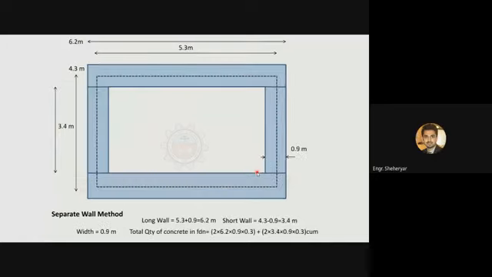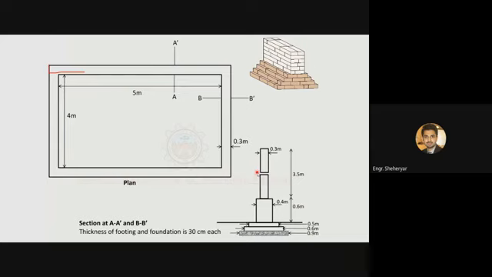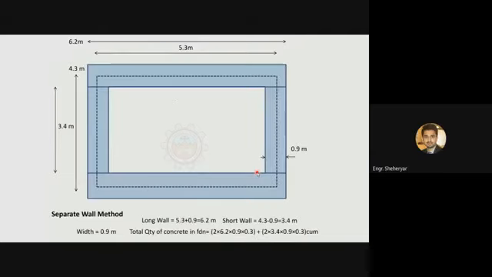If you still want to interchange the long walls and short walls for the rest of the levels, it will not create any mistake or error in the calculation, but it will cause confusion for yourself. Okay, that's what I want to confirm. Thanks.